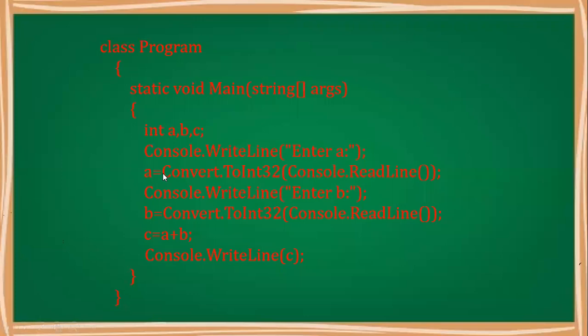We are not sure what the user will enter, but we want to make sure that whatever value we are reading from the user is converted into an integer. So we are using a method called Convert.ToInt32. We have already seen this method in typecasting. This is the built-in method for converting into integer.